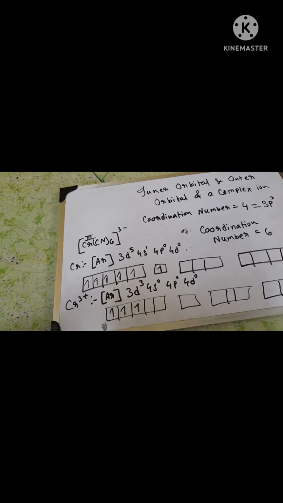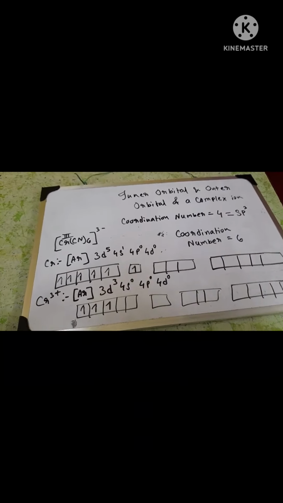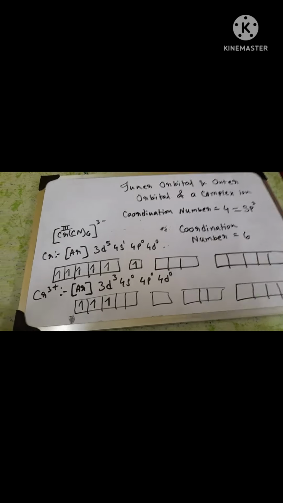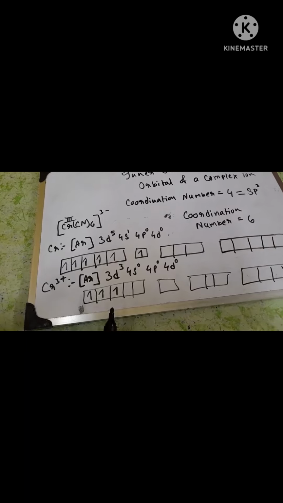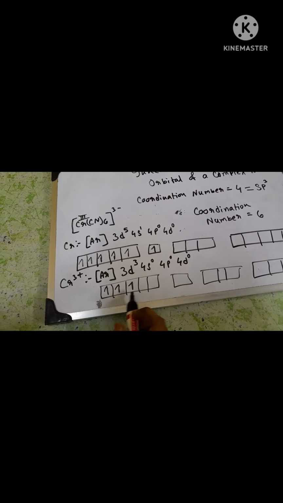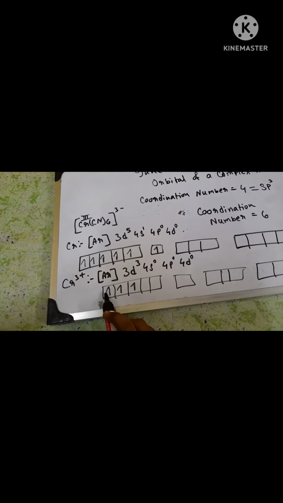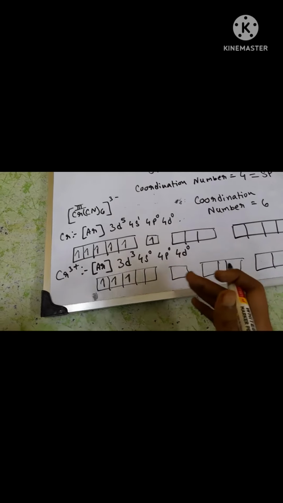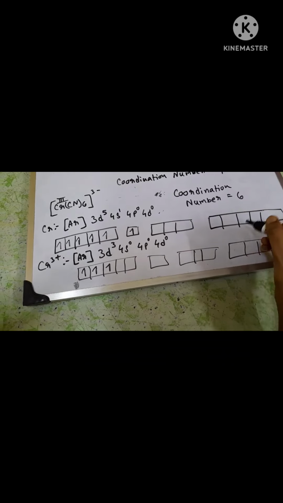Here no electron is present, and whether these 3 electrons get paired or not is the very important question I'm showing you. These 3 electrons cannot get paired with each other because there are no electrons present in the other orbitals. As you can see, these are all vacant.